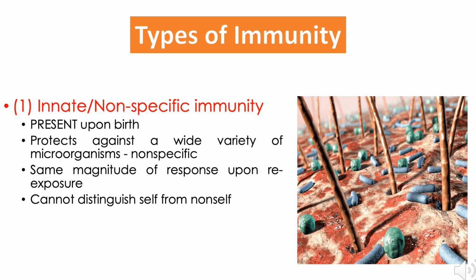But in the case of innate or non-specific immunity, it seems that you're not learning. Another problem with innate or non-specific immunity is that it cannot distinguish what is self from non-self. That's why if these immune responses are activated, they might also cause tissue destruction.